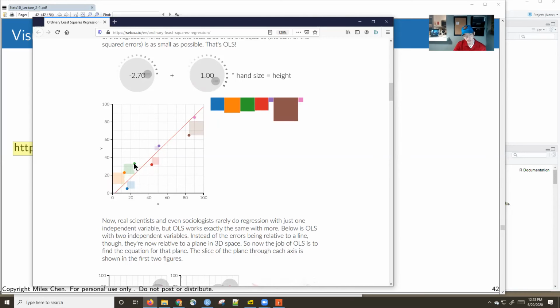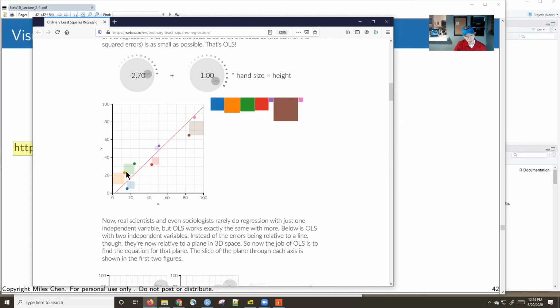So from this green dot to the red line, that vertical distance is the residual. And it's taking that distance and making a square out of it. It's literally squaring the residual, and the area of this square represents the squared residual.